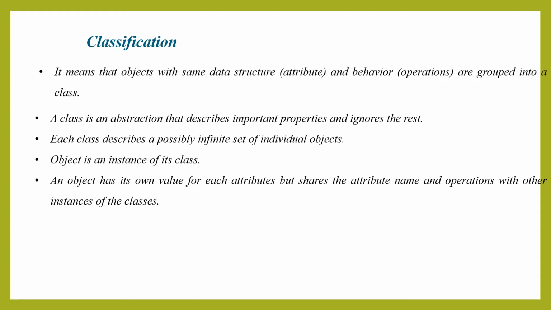An object has its own value for each attribute but shares the attribute names and operations with other instances. There is sharing among the objects. An object contains an implicit reference to its own class, so it knows what kind of thing it is. The object itself knows what it is.